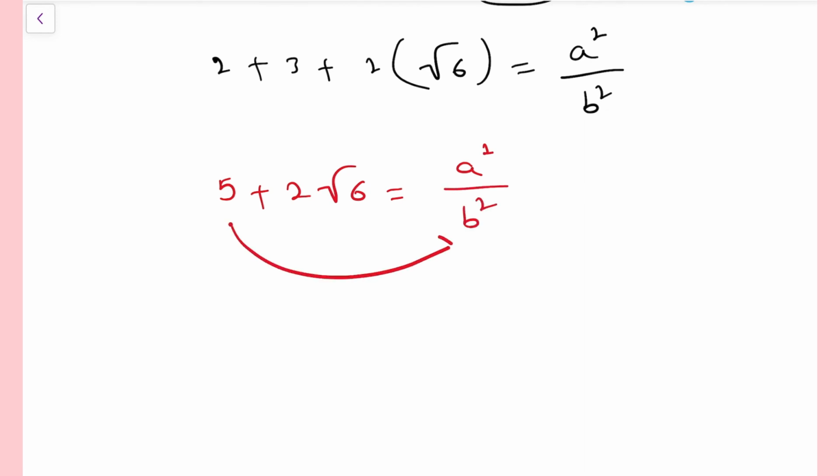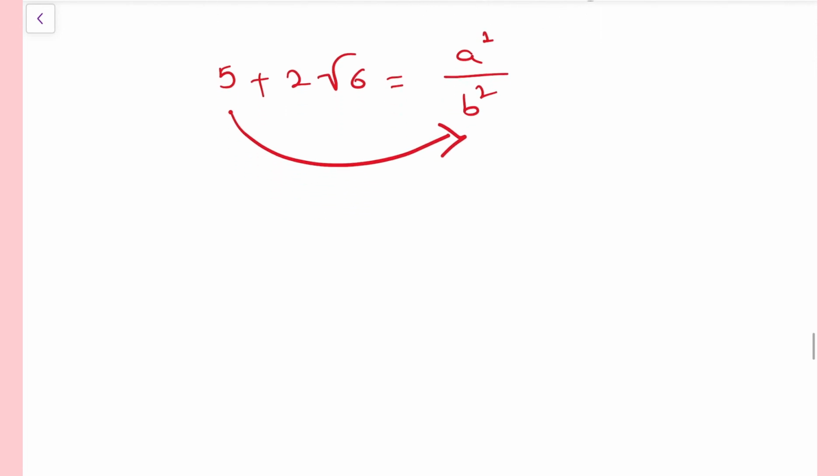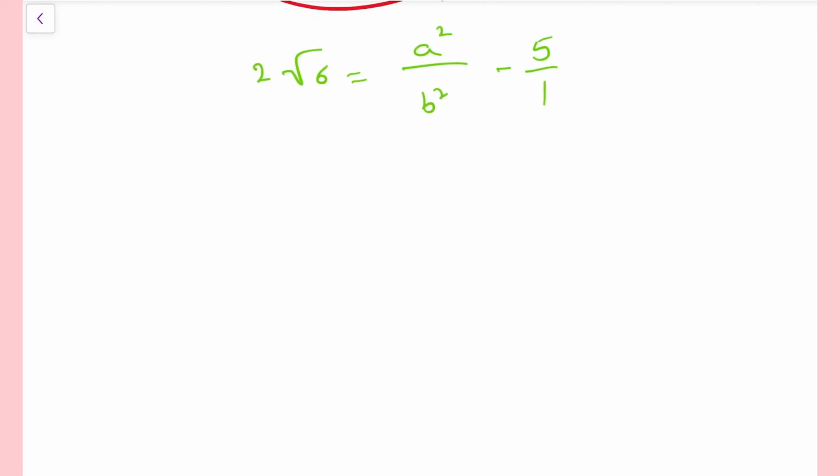Take 5 to the right side. If you take 5 to the other side, it becomes minus 5. 2 root 6 equals a square by b square minus 5. This 5, I am writing as 5 by 1. The left side I am writing as it is, 2 root 6.